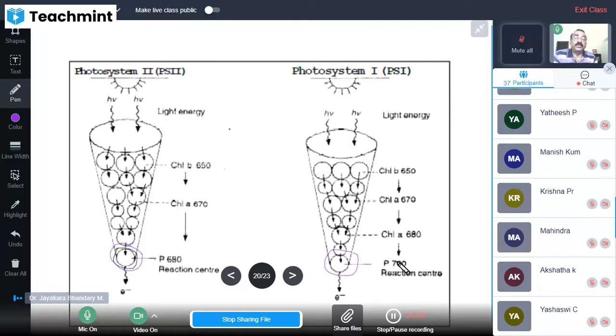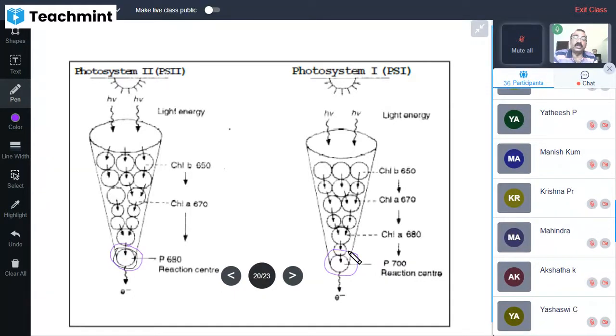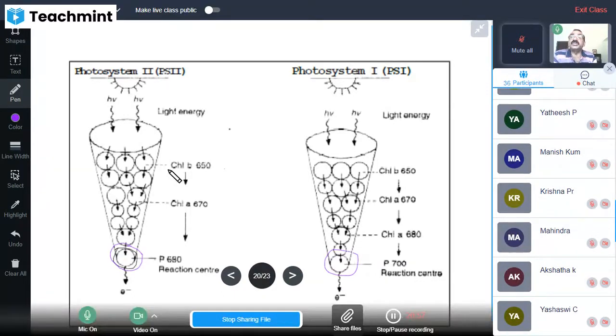So the reaction center of photosystem 1 is a chlorophyll A molecule which can absorb light at 700 nanometer wavelength. Whereas photosystem 2 has a chlorophyll A molecule which functions as reaction center, and this can absorb light of 680 nanometers or less.